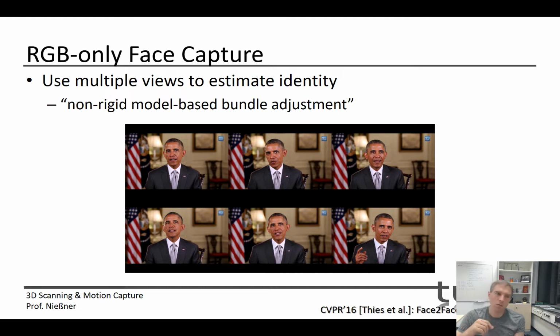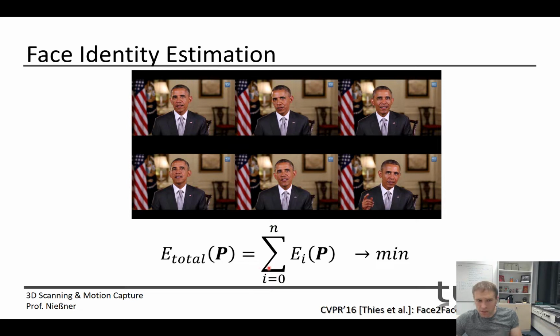What does that mean? Well, instead of using just one input image, you take 6 input images. And for these input images, you jointly optimize the energy. So you have an energy that is summed up over all of these frames, where you have one energy per frame, but the parameters P between those are shared, except the expressions, the poses, and the lighting.